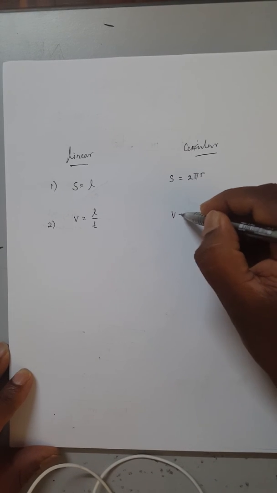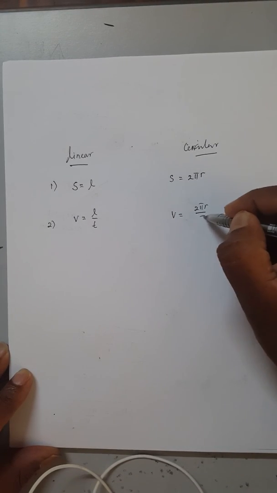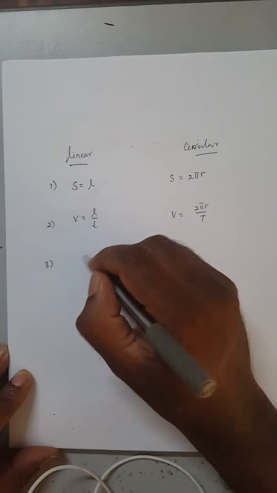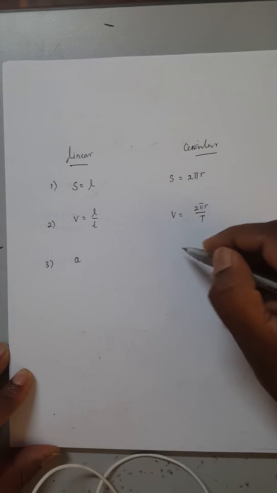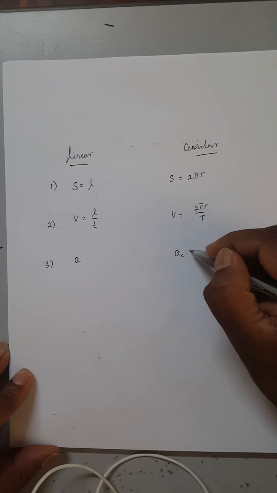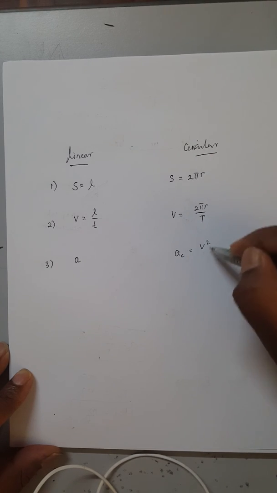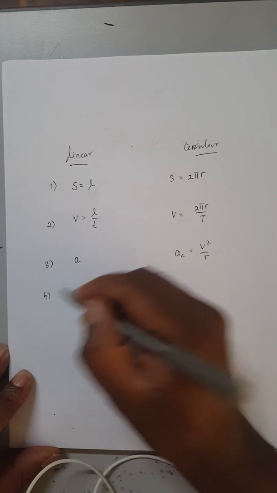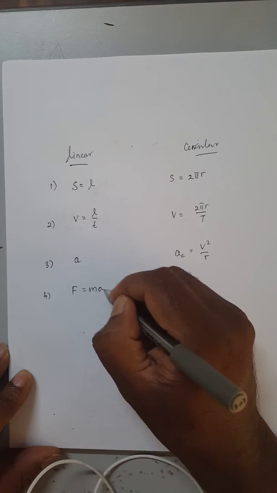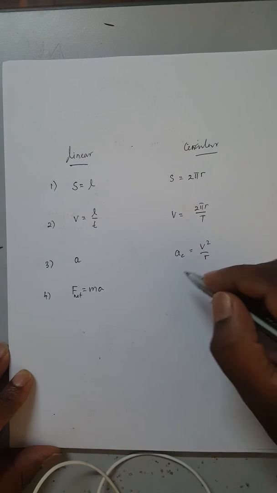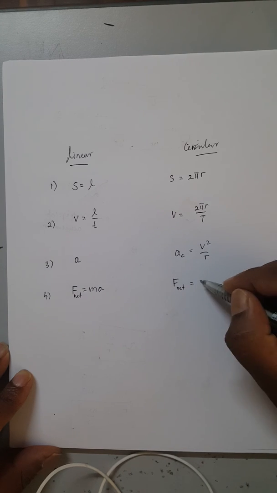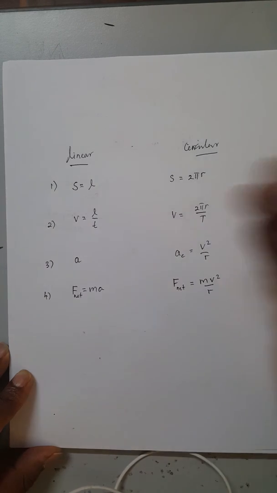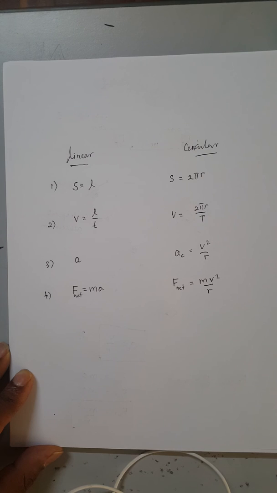For circular, the speed will be 2 pi r over t. Third, acceleration, which we write with a. For circular, the acceleration is known as centripetal acceleration, v squared over r. And lastly, number 4, F equals ma, known as the net force. For circular motion, we call this F net equals m v squared over r. That is how we differentiate linear and circular.